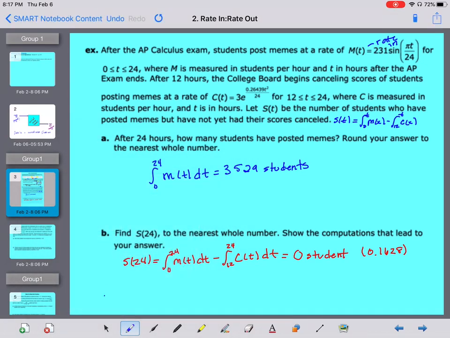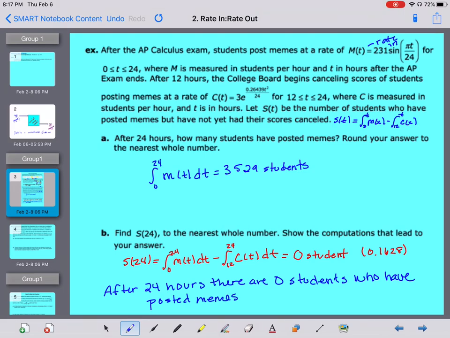So I would say something like after 24 hours, there are 0 students who have posted memes but have not had their scores canceled.